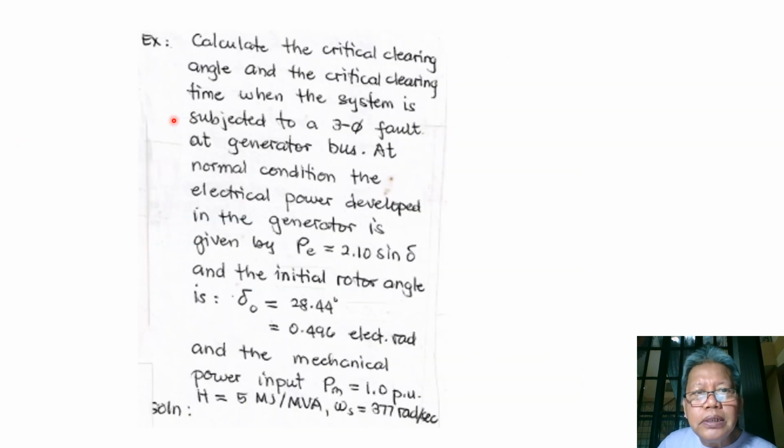Now let's have an example. Calculate the critical clearing angle and the critical clearing time when the system is subjected to a three-phase fault at the generator bus.